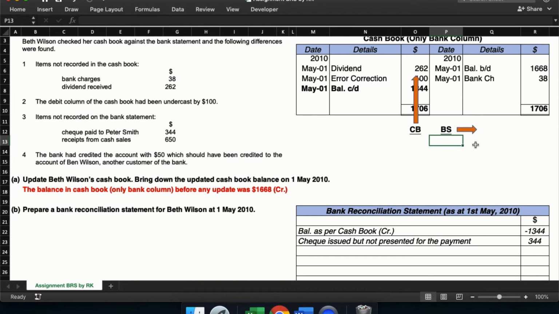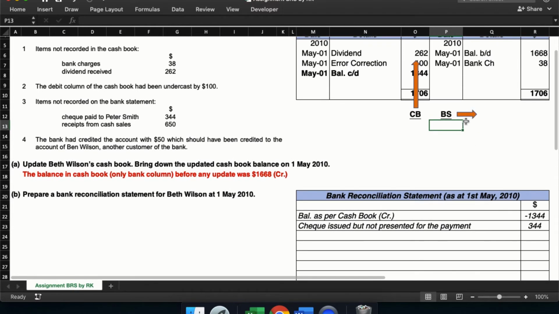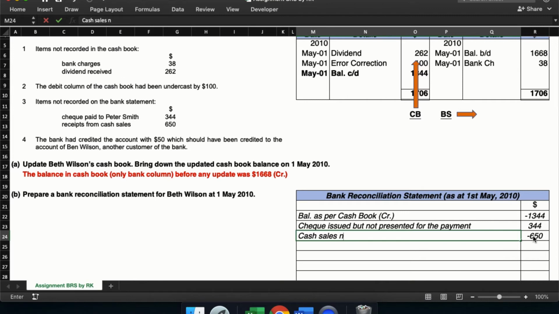It means I need to reduce this figure in order to reach the balance as per bank statement. So I will write here minus 650, and I will write: cash sales not credited by the bank. I sold goods on a cash basis and put the money in the bank, but the bank didn't give credit to me with regard to that $650. So I have to subtract that $650.